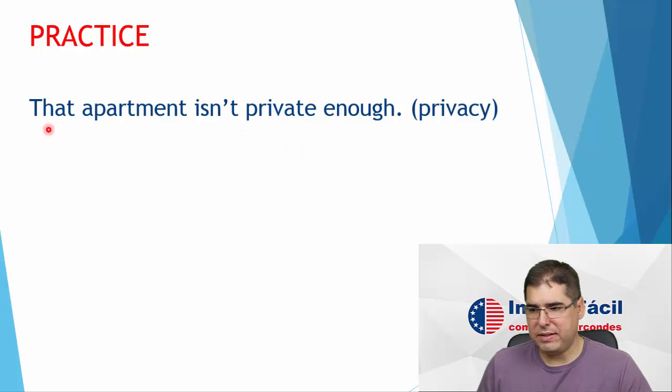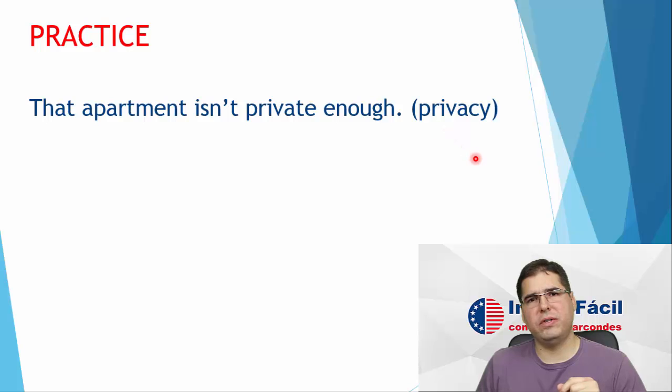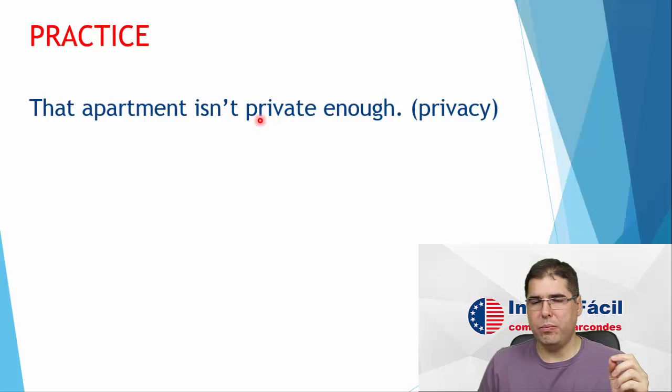So here we have a sentence, that apartment isn't private enough. I want to say the same thing, but now I want to use privacy. So private is an adjective, okay? Now privacy is not an adjective, it is a noun, okay? So how to use that? I have to do the opposite way, right? With adjectives, we say adjective, like here private, and after we use enough.